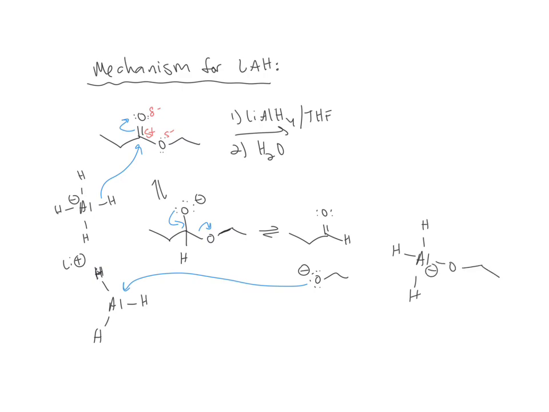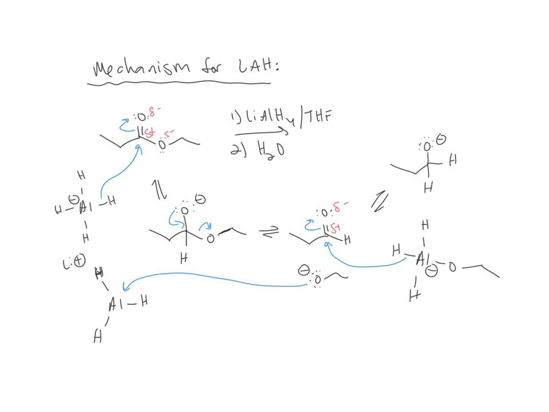Right, now the aluminum's negative, and once again, right, we have an aldehyde. We know already that these reagents attack aldehydes. So this second hydrogen can attack, which is going to give me the O minus. And now I have 2 hydrogens attached here.